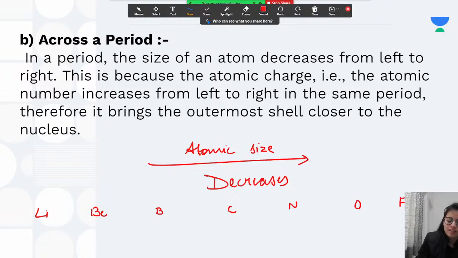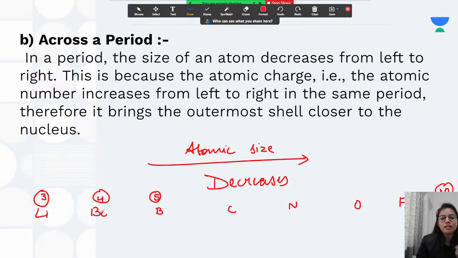Now all of these are of the same period, right? If I take the case of lithium, the atomic number is 3, beryllium 4, boron 5, and similarly it will keep increasing up till neon, which is 10. Now what happens is, the electropositive charge present in the nucleus brings the electrons closer.